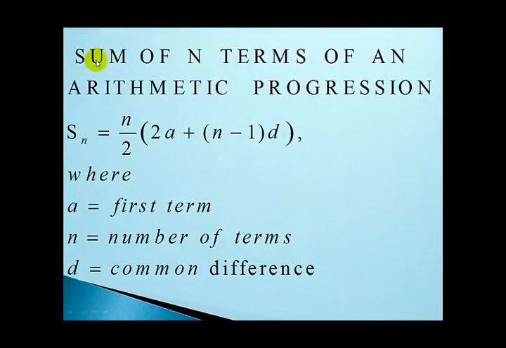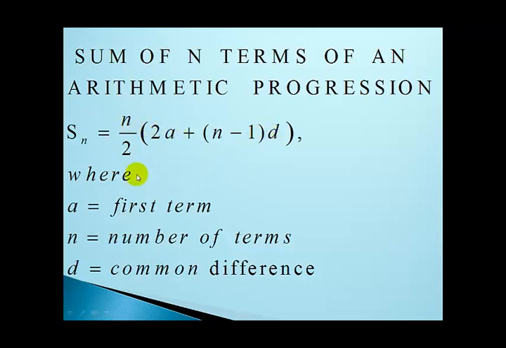Now we look at the sum of the n terms of an arithmetic progression. The sum of the n terms of an AP, or the arithmetic progression, or the linear sequence, is given by Sn, that is S subscript n, is equal to n over 2 into brackets 2a plus n minus 1 d, where n is the number of terms, a is the first term, and d is the common difference.